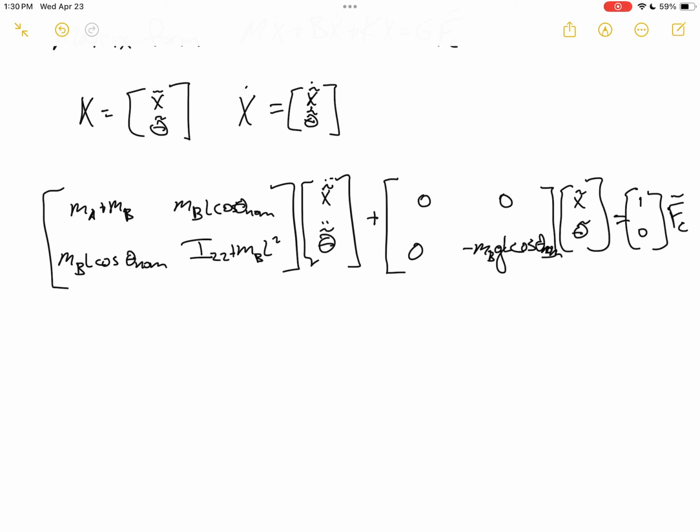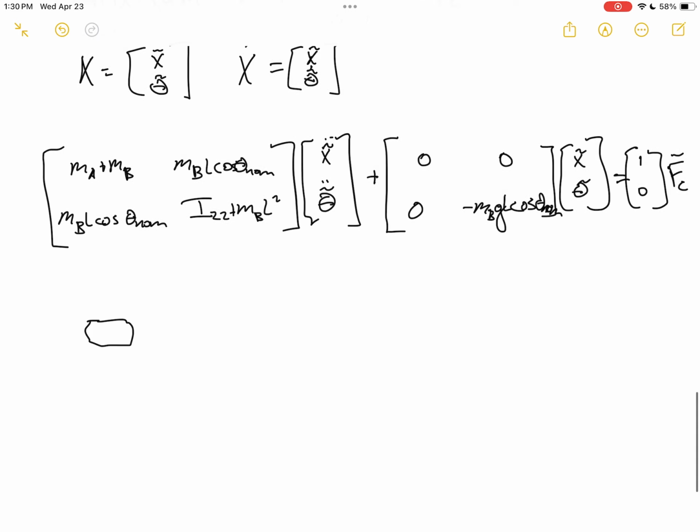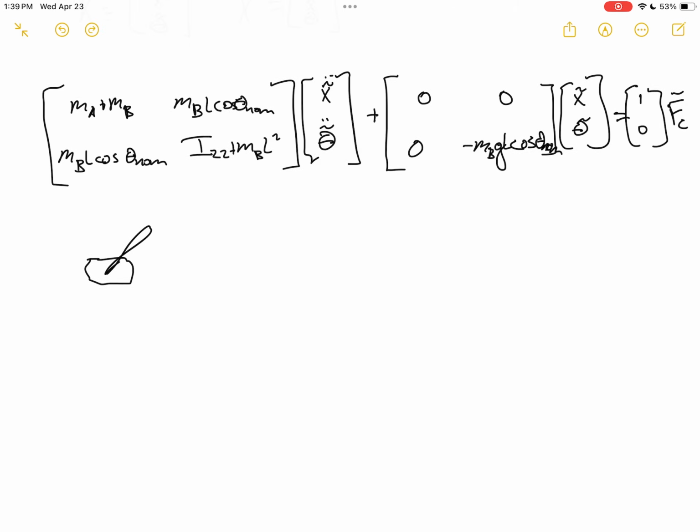So now that we have a matrix form of our system of equations that represents the inverted pendulum on a cart system, we're going to see if we can make it a little simpler for ourselves by taking another step into state space form. You'll notice that the equation that we have written here is a second order coupled differential equation. And what we can do is re-express this as a larger system of first order equations.